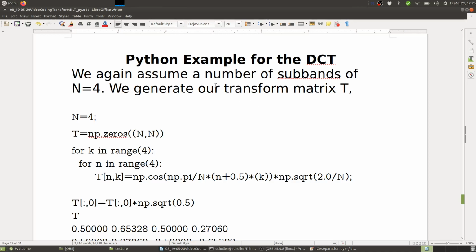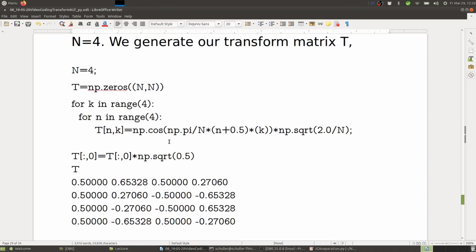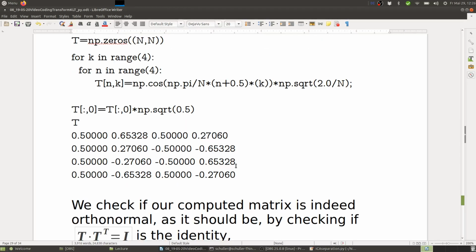We assume a number of subbands of, again, n equals 4, and we generate our transform matrix T, which you can see here. So we initialize with zeros, and then we have those two for loops where we just plug in our cosine formula here that we just saw. And then for subband number 0 we have this additional factor of square root of 0.5, right?